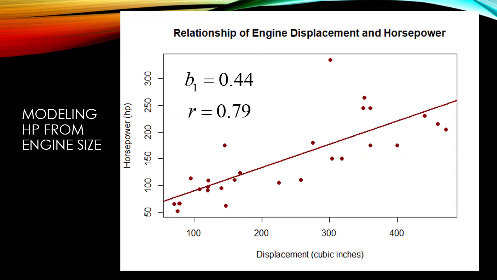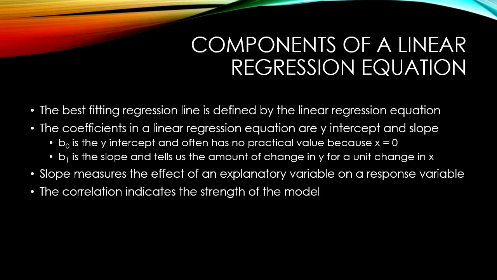Here are our results all put together. The slope is 0.44 and the correlation is 0.79. These two statistics should go with a scatter plot and regression line to provide two parts of the story. The slope tells us how much change there is in the response variable for every unit change in the explanatory variable.